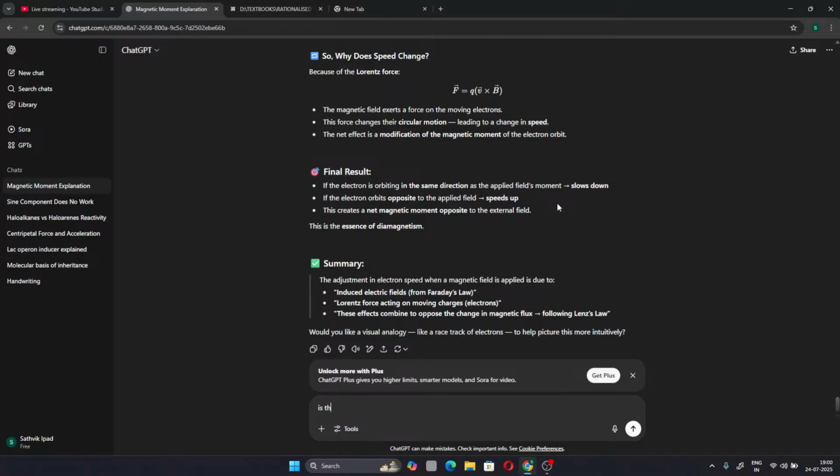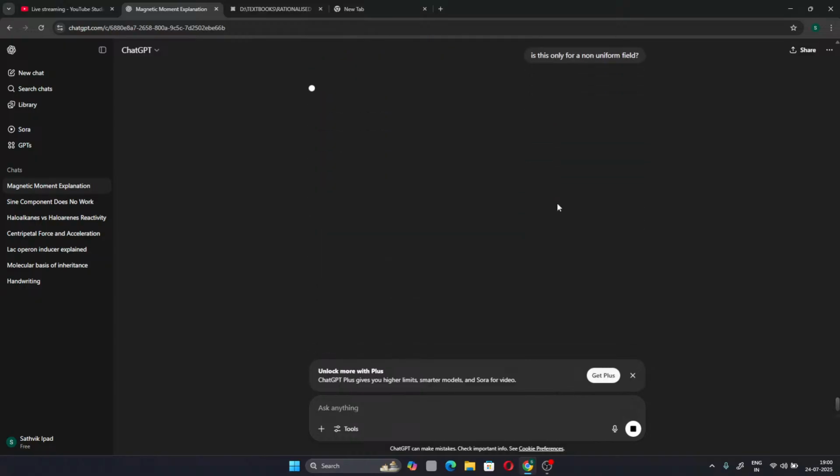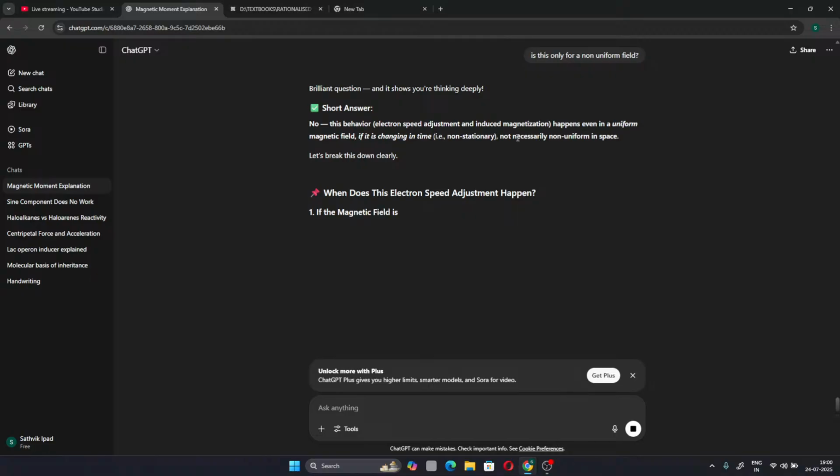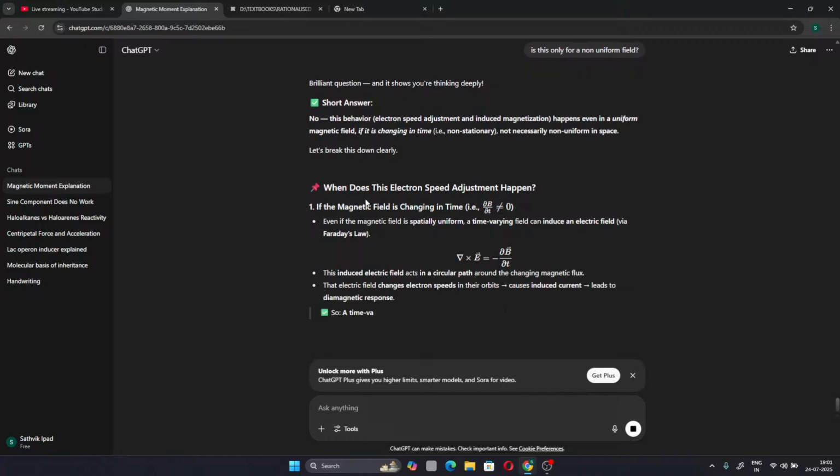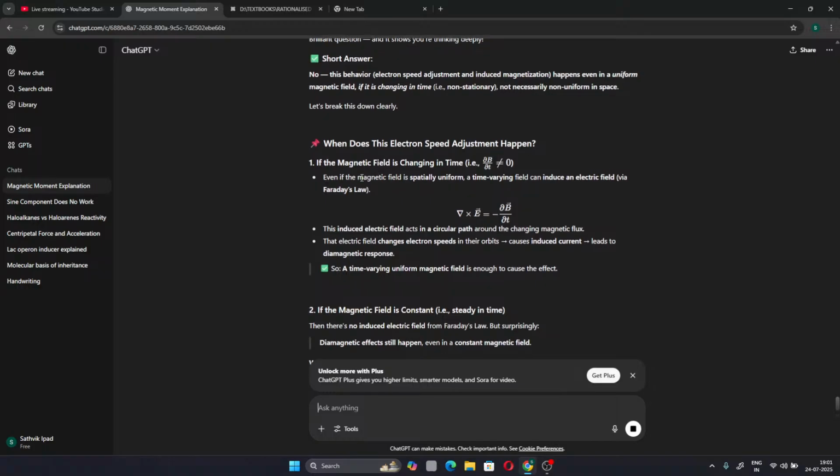Is this only for a non-uniform field? So it's just if it is magnetic flux only.